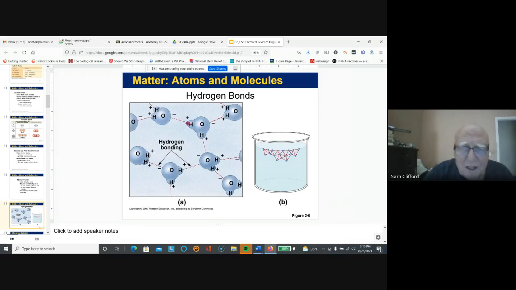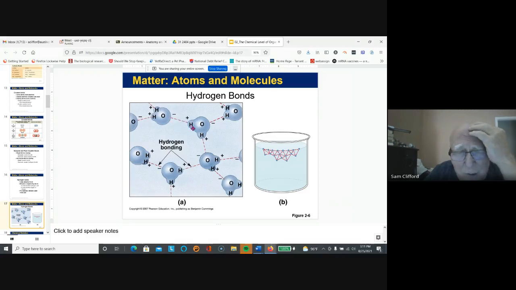So you have a dashed line, that's a hydrogen bond. That's responsible for water's high boiling point, its ability to dissolve. Water is a dipole because it has a slightly negative pole and a slightly positive pole, and these hydrogen bonds allow water to attract.